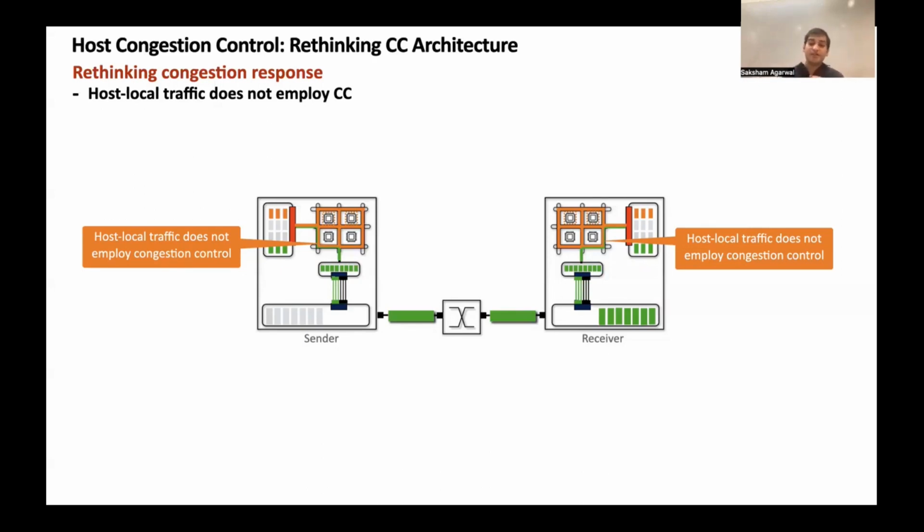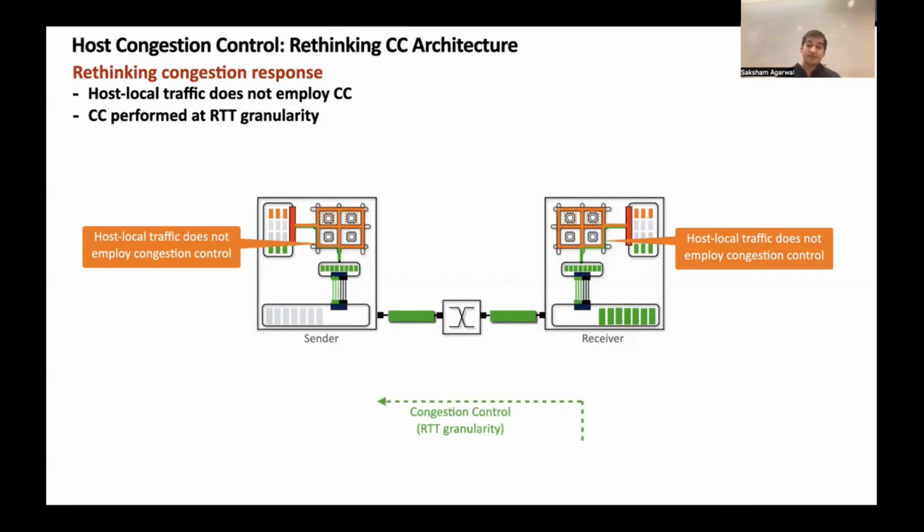This is because in the presence of host congestion, NIC buffers can build up, leading to an increase in delay or packet drops for the network traffic, resulting in transport protocols reducing their sending rate for the network traffic. However, the host local applications today employ a form of flow control mechanism. That is, their CPU cores typically keep a certain amount of in-flight requests to memory at any point of time. The host local applications today continue to keep the same number of in-flight requests to memory, independent of the presence of host congestion.